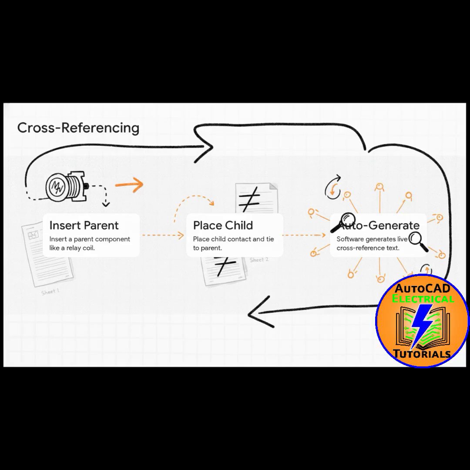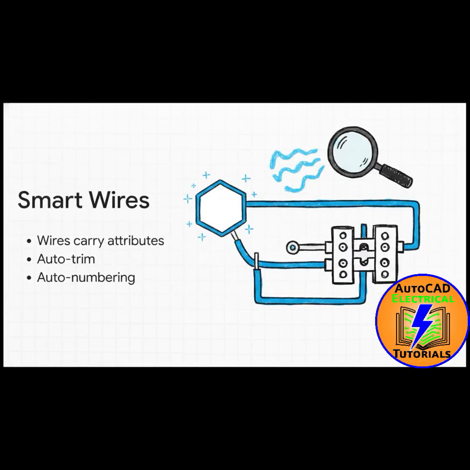It actually auto-generates live cross-reference text on both sheets. And the best part? If you ever move that parent coil later on, the cross-references for the child components update everywhere, instantly. You will literally never lose track of a contact again.